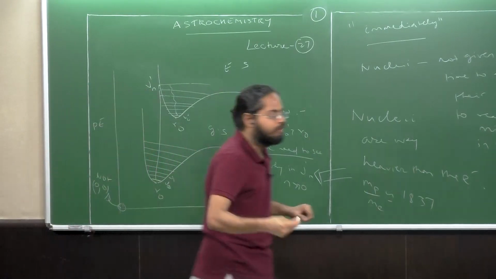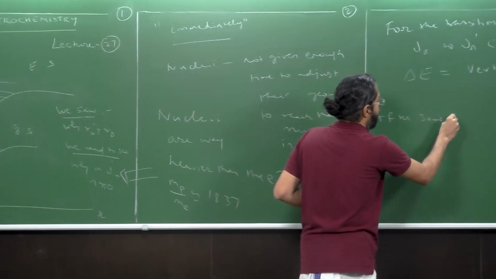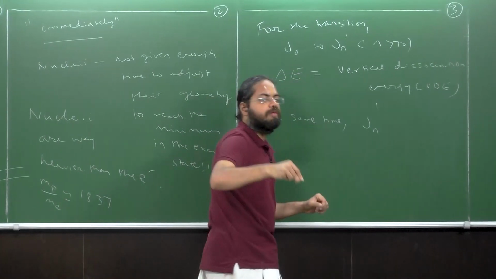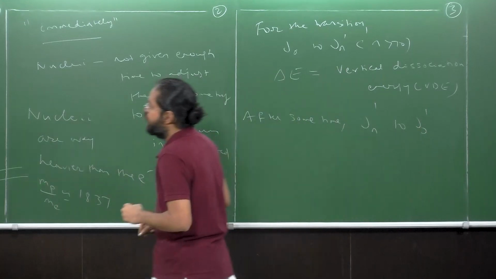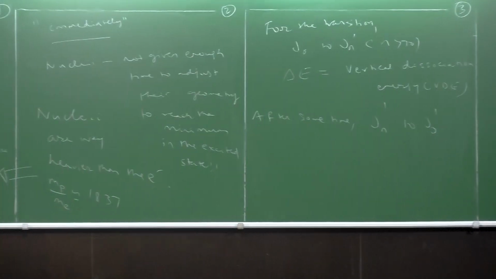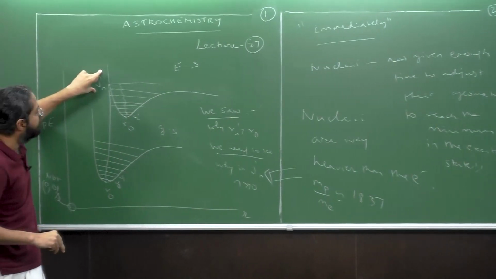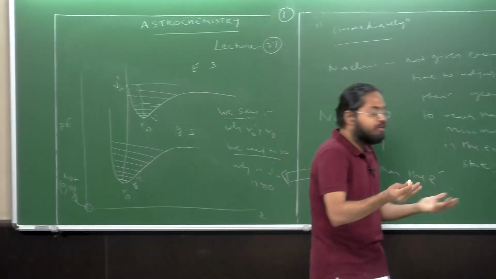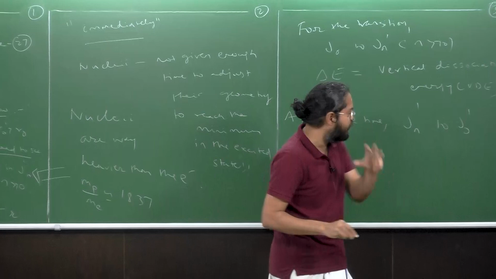And after some time, your transition from mu n dash to mu naught dash happens. We're talking about, in the excited electronic state, the transition from a higher vibrational energy state to a lower vibrational energy state. So mu n dash to mu naught dash will happen as the excess vibrational energy is emitted.